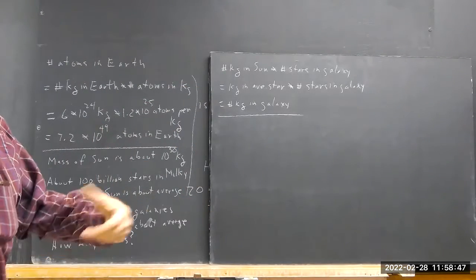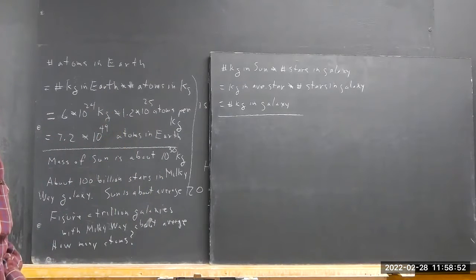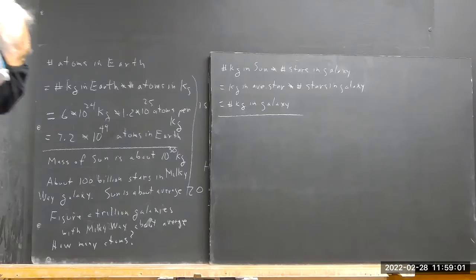Well, one thing we can do is multiply that by the number of atoms in a kilogram. Let's just go on with the new information. Figure a trillion galaxies.